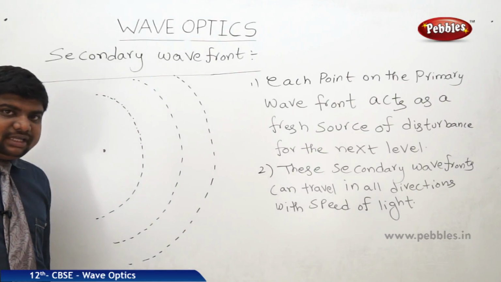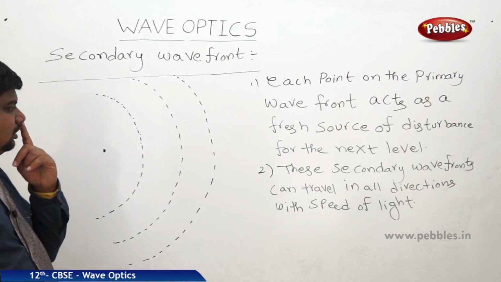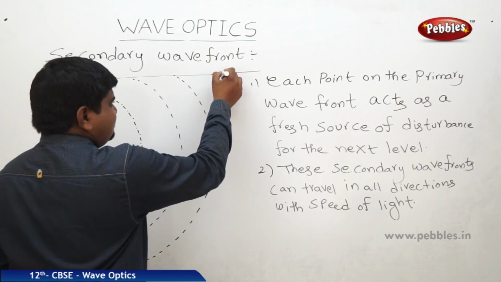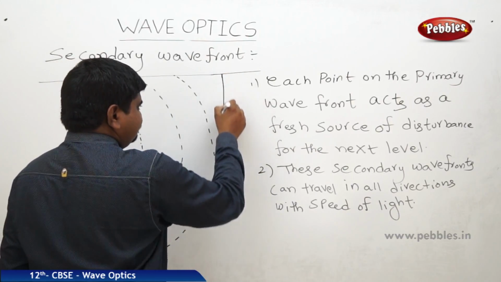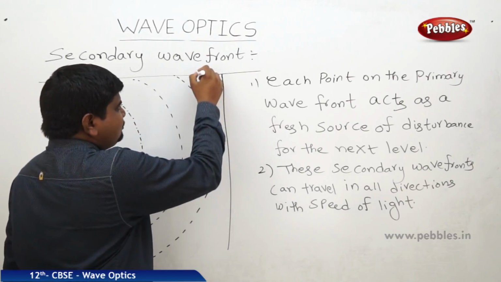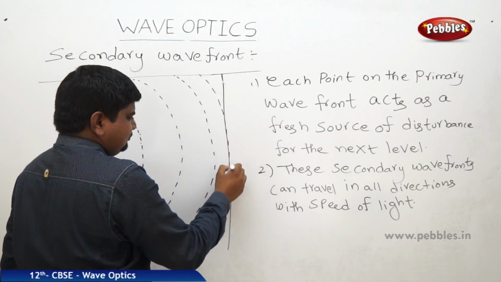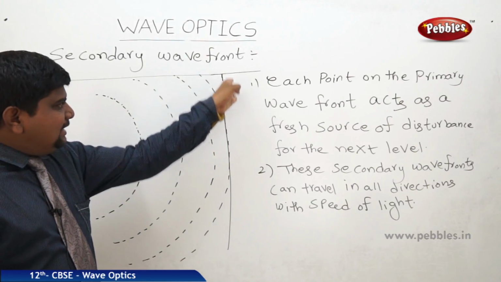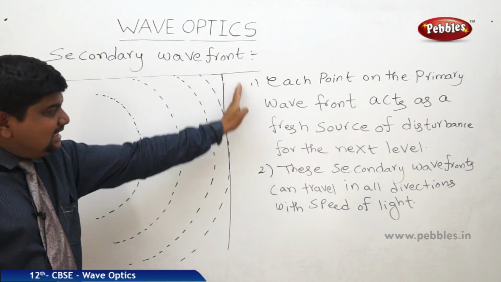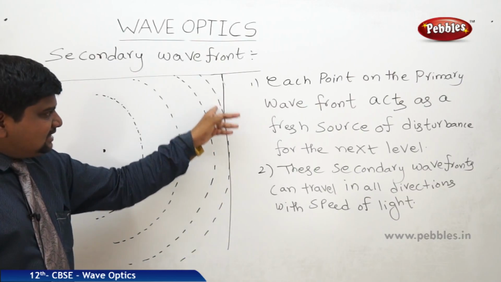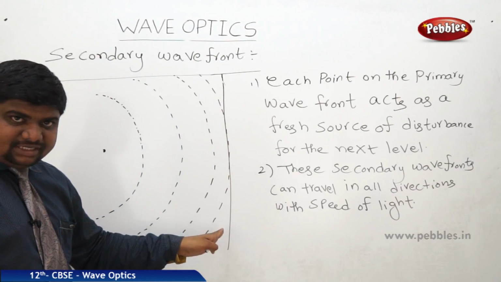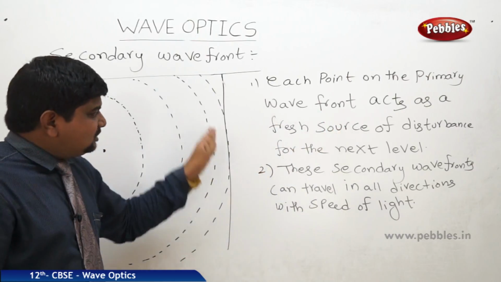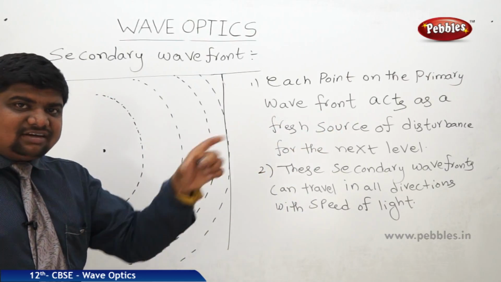It can travel in all directions. So whenever these waves are traveling, consider a surface like a river bank, which the wavefronts touch. Any plane or surface which touches the secondary wavefronts tangentially gives the shape and structure of the wavefront.